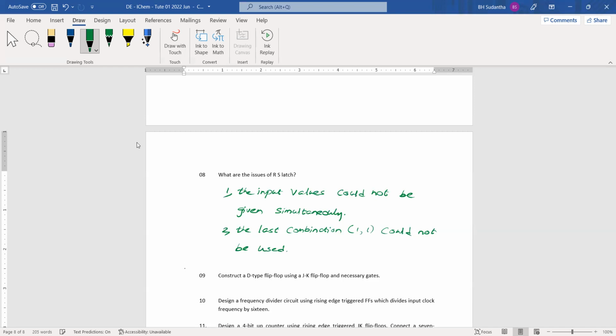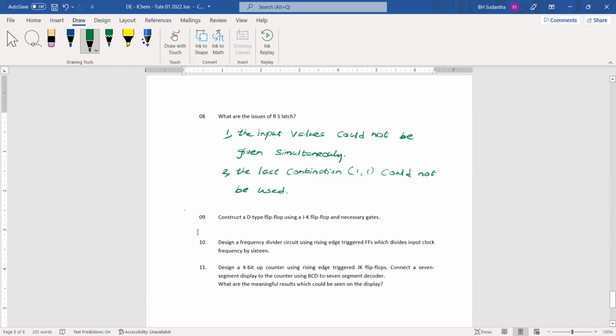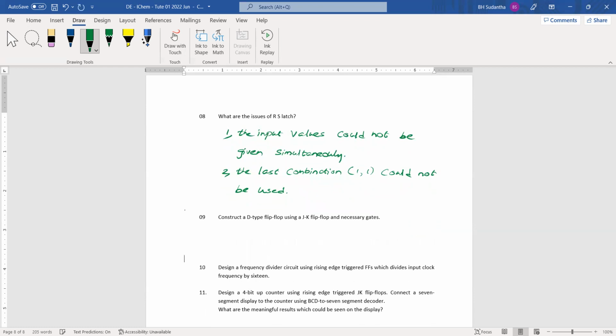We can't use the last combination, and we cannot give values simultaneously, at the same time. The solution for the first one is clocked RS flip-flop. The solution for the second one is JK flip-flop. Constructing a D-type flip-flop is a very simple one.